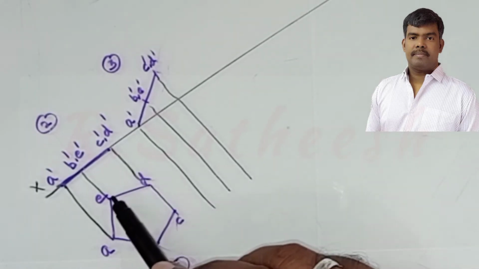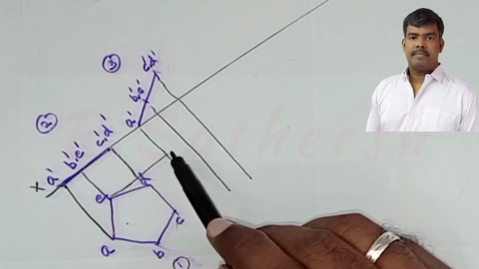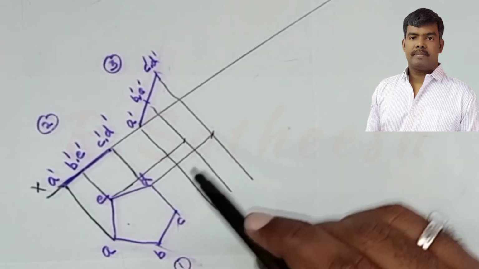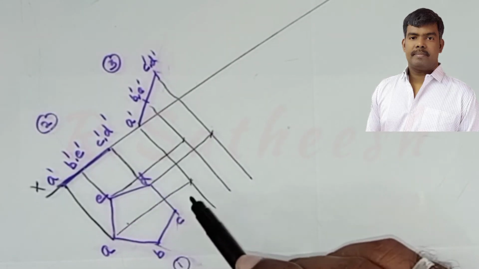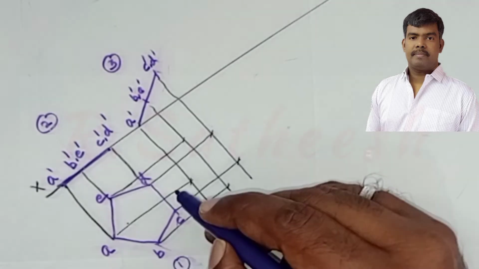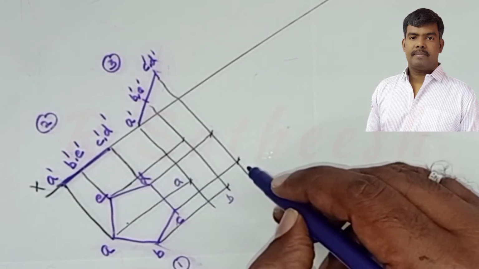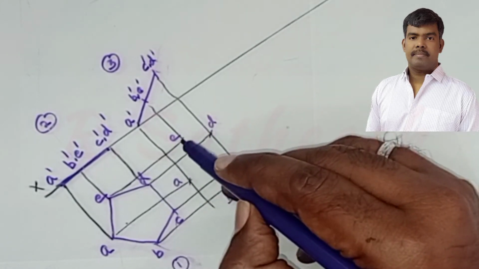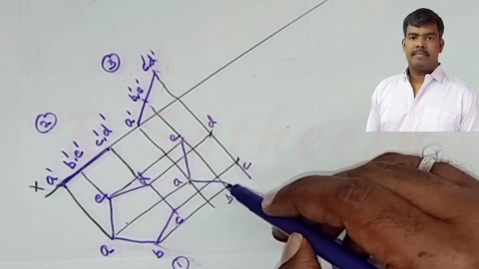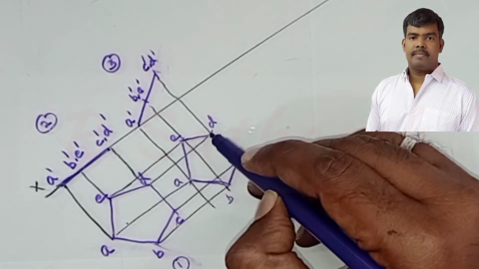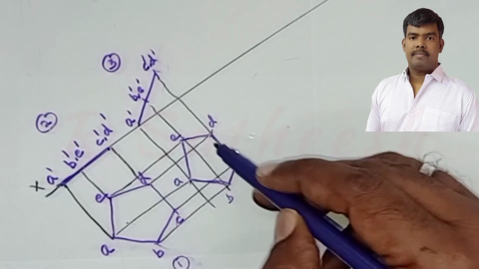And here you draw the projections: E and E, D and D, A and A, C and C, B and B. So this is the point. So A, B, C, D, E. Now you join A, B, C, D, E, A.